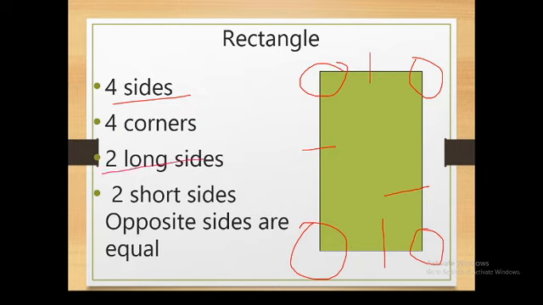The two long sides and two short sides are opposite. It has two long sides and two short sides. So the opposite sides are equal. So these two long sides are going to be equal and the short sides are going to be equal in length.